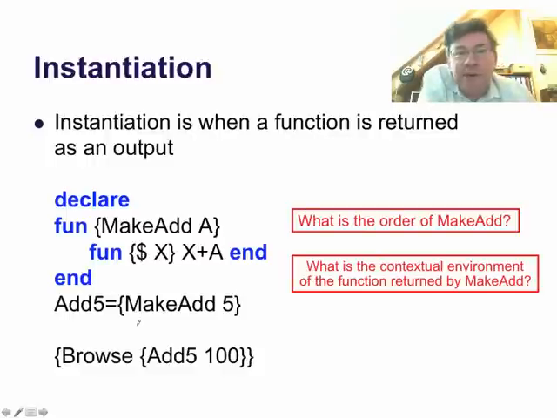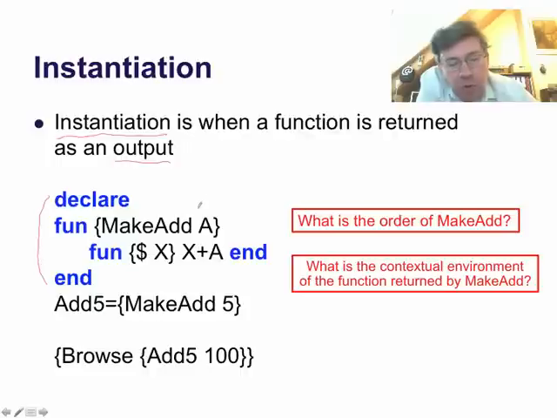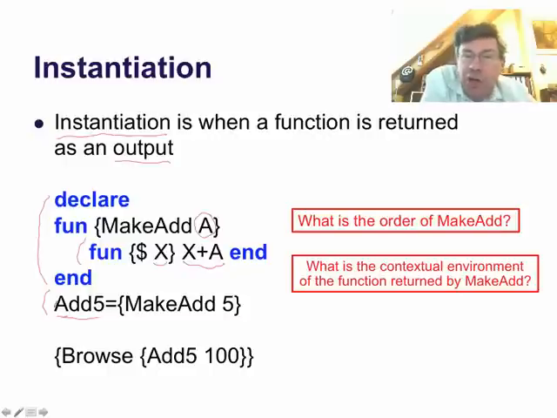So let's go to another example called instantiation. This is when a function is returned as an output. So here, let's define the function makeAdd with an argument a, and it returns another function of one argument which does x plus a. So if we call makeAdd with argument 5, we can say add5 is equal to makeAdd of 5, and add5 is a function that will add 5 to its argument.